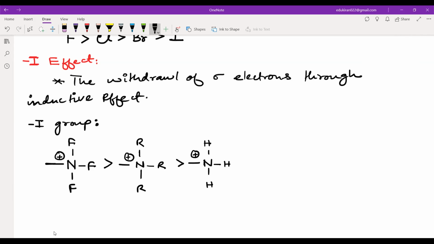You will say, sir, why is nitrogen more electronegative than the halogen atoms? Because it has a positive charge. It doesn't matter what the element is, a neutral element can never attract more electrons than a positive charge. It is a complete charge, so it will obviously attract more electrons.